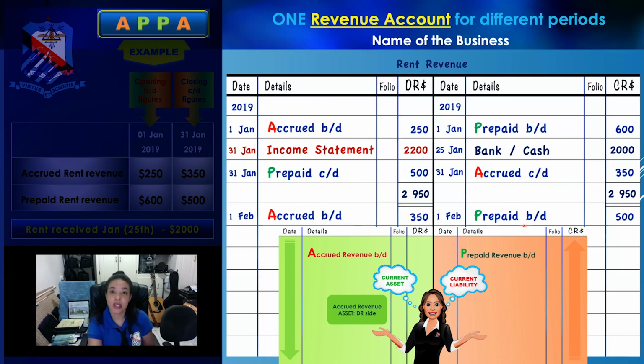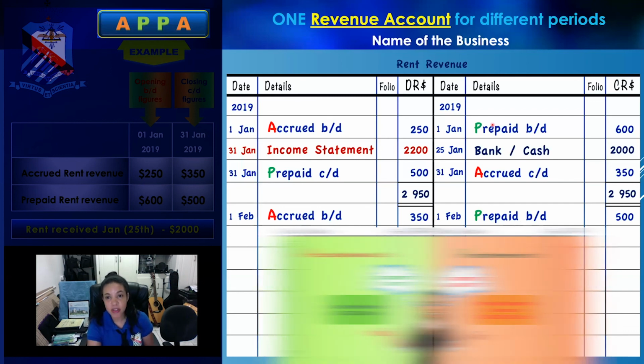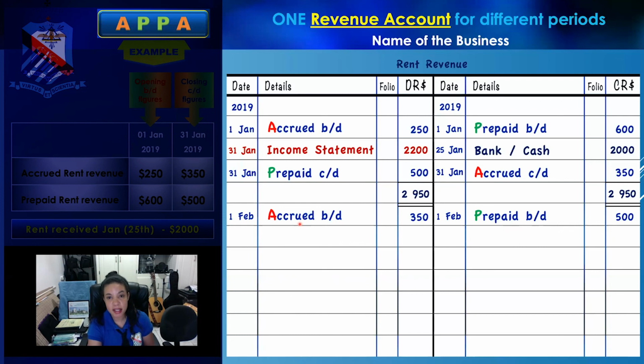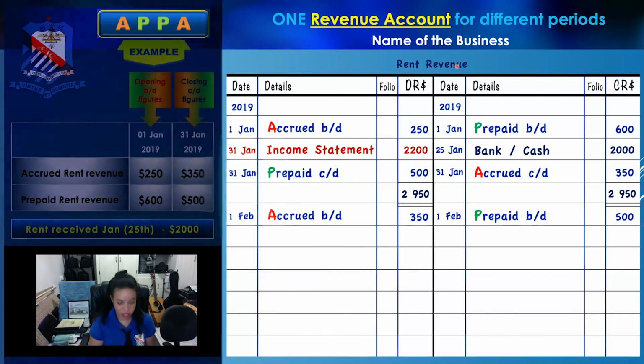It's unearned, so you owe, right? So it's a liability, and liabilities, according to double entry rules, credit. And look at here, we are on the credit side. So even though they are not in their asset and liability accounts, they are still on the correct sides in the revenue account. Isn't that cool? Yeah, it's very cool.